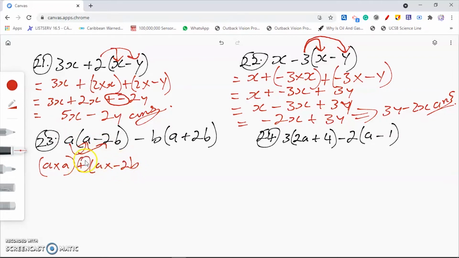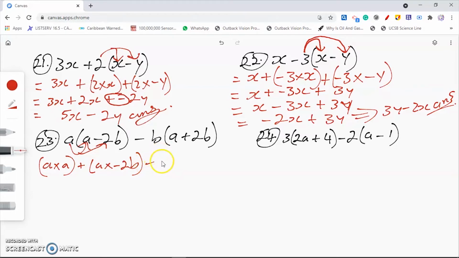If you're putting plus here, then you need to put the negative sign before the 2b. However, if you had minus here, then you would have said a times 2b. So remember that. But I put a plus sign outside, so I have to put a times negative 2b, because the negative sign must be accounted for.